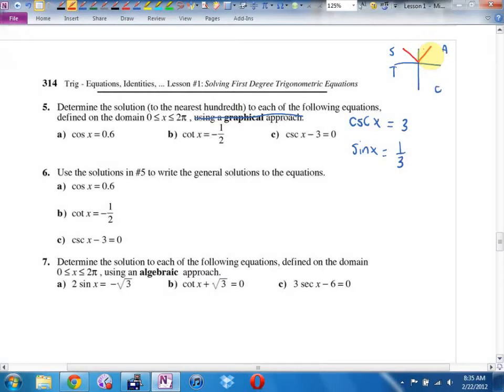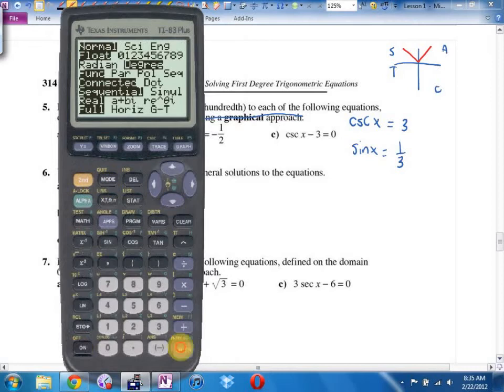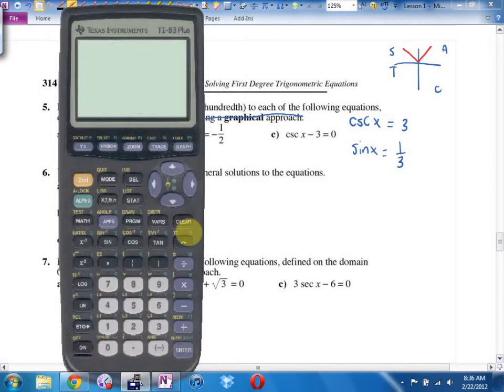Reference angle. Oh, I can't find the reference angle with an exact value because, Amanda, I don't have a special triangle that matches this. What did we do before we had special triangles? Oh, yes. We used our calculator, and I better make sure my calculator is in radians. Inverse sine of 1/3.